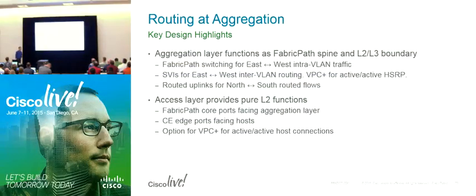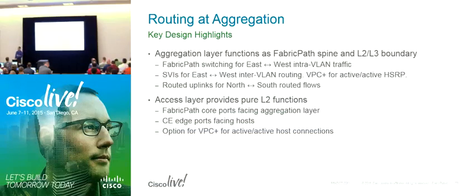Some of the highlights here. Within the fabric, for intra-VLAN forwarding, bridging, we will not use any of our SVIs. It will all be FabricPath switched based on switch ID. For inter-VLAN routing within our FabricPath network, we will be routing traffic using SVIs on the aggregation spines.